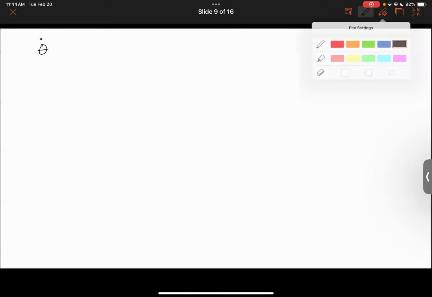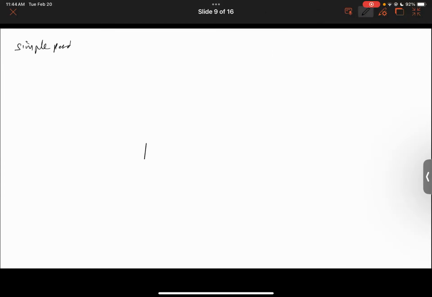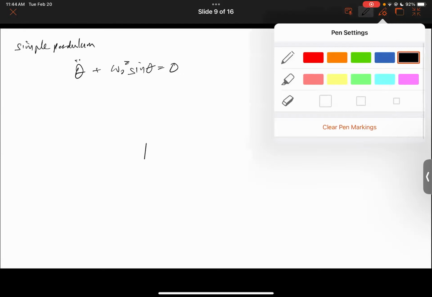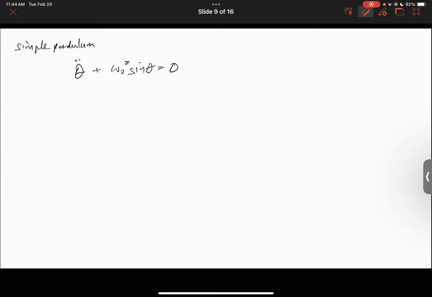Okay, so ang equation of motion for a simple pendulum is theta double dot plus omega naught squared sine theta is equal to 0. Okay, and anong ginagawa natin dito para mas mapadali yung pag-solve? Okay.